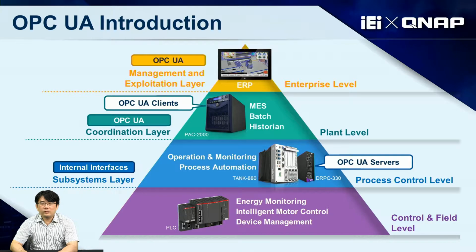The second to last layer is the OPC UA server, responsible for controlling the production line. The controller receives the data and the value, and goes to the OPC client side.